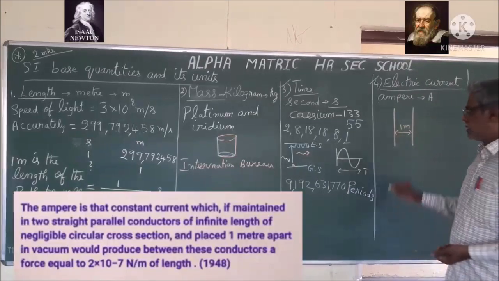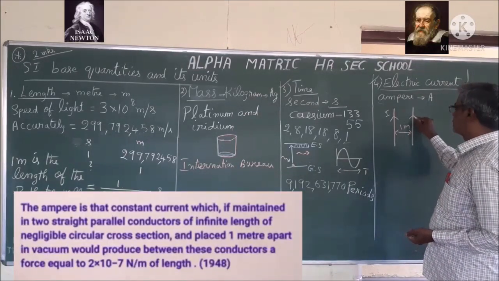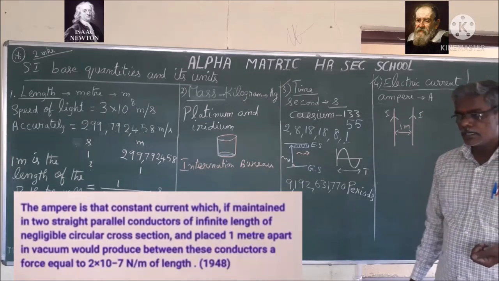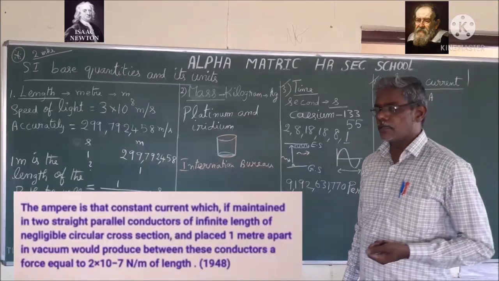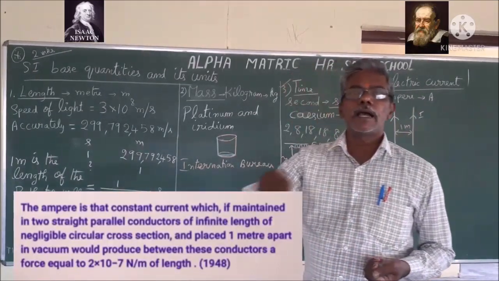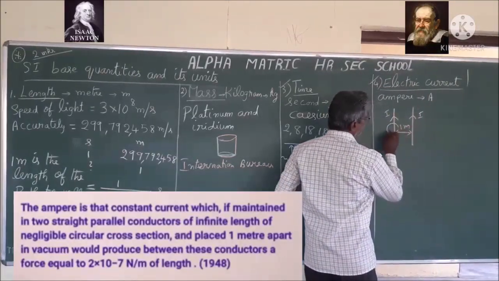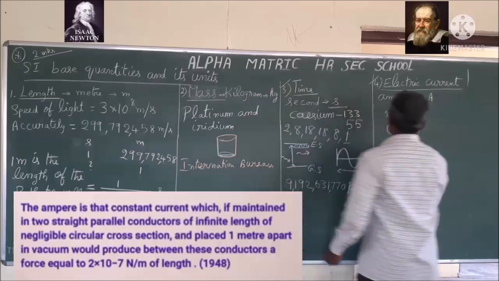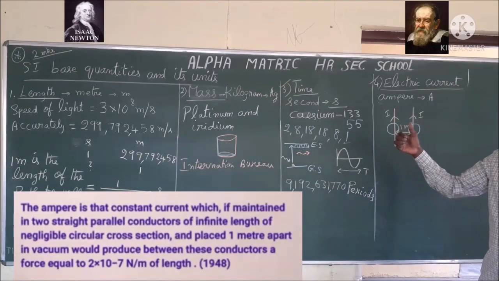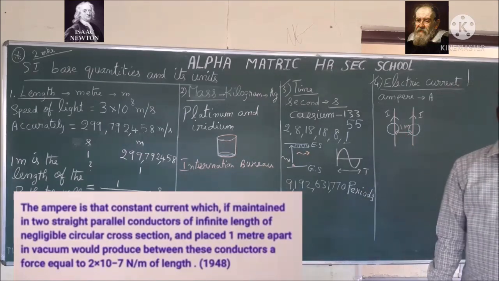Now, let us consider the current flowing in this conductor as well as in this conductor. In a conductor, if current is supplied, what will happen? A magnetic field will be produced. What will be the direction of the magnetic field? How to find it?